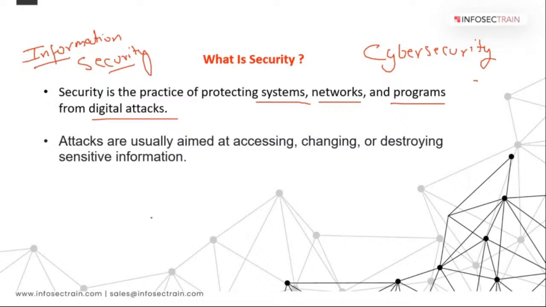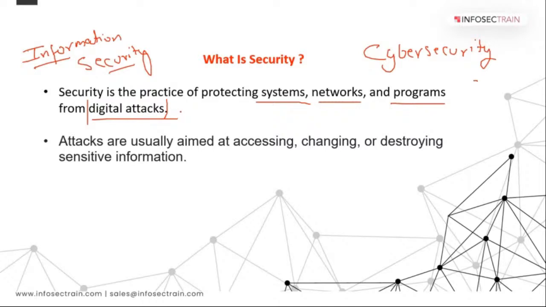But what is the difference between cyber security and information security? If you look at the definition, it's written "from digital attacks." This is the keyword, guys. You are protecting your systems, networks, and programs from digital attacks. If I talk about other types of attacks, those are not done digitally.